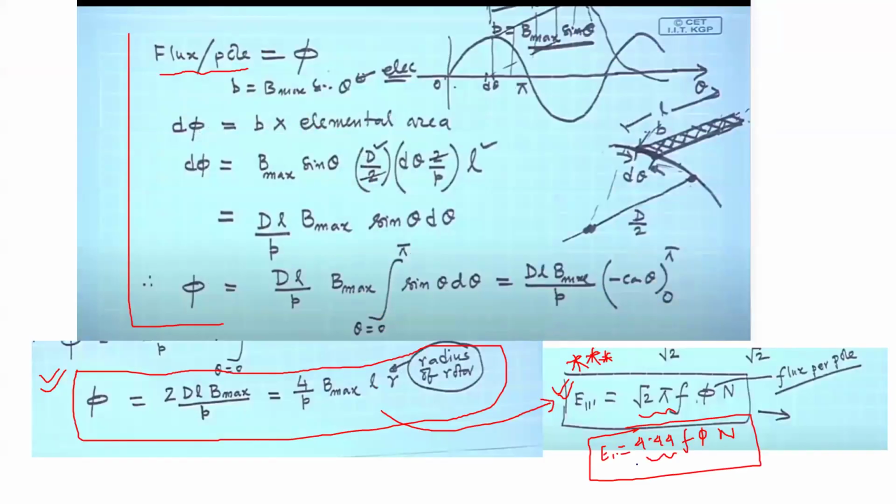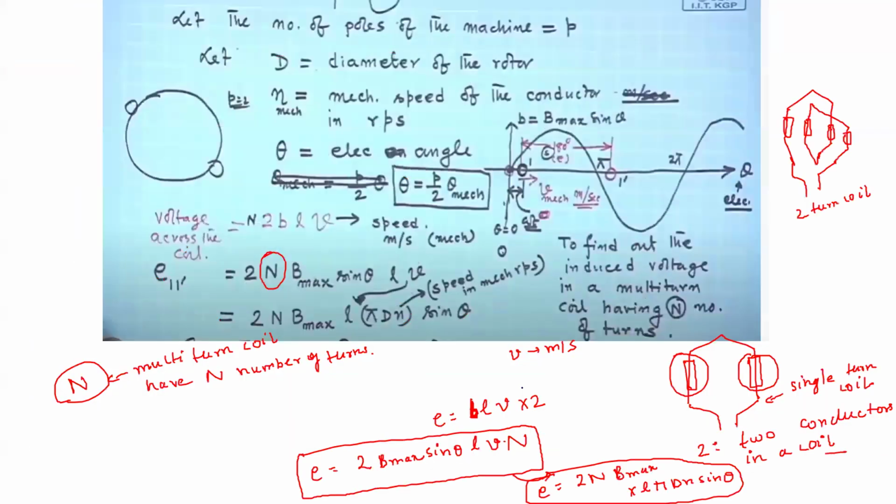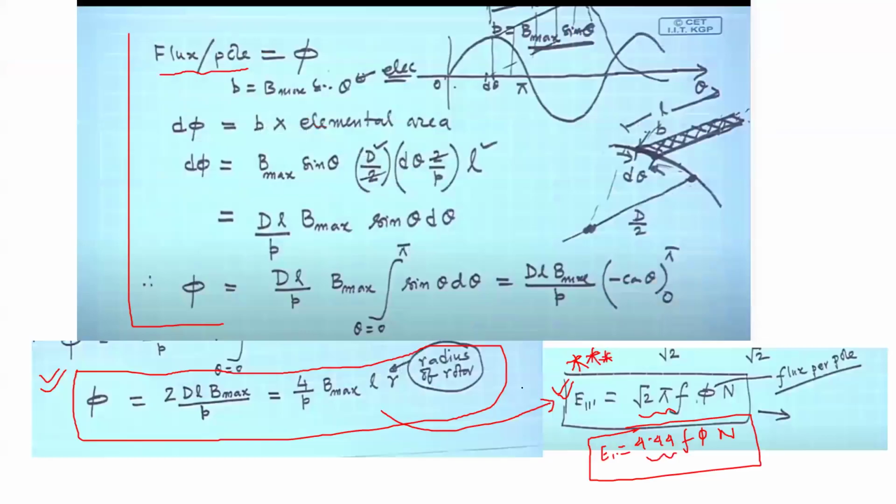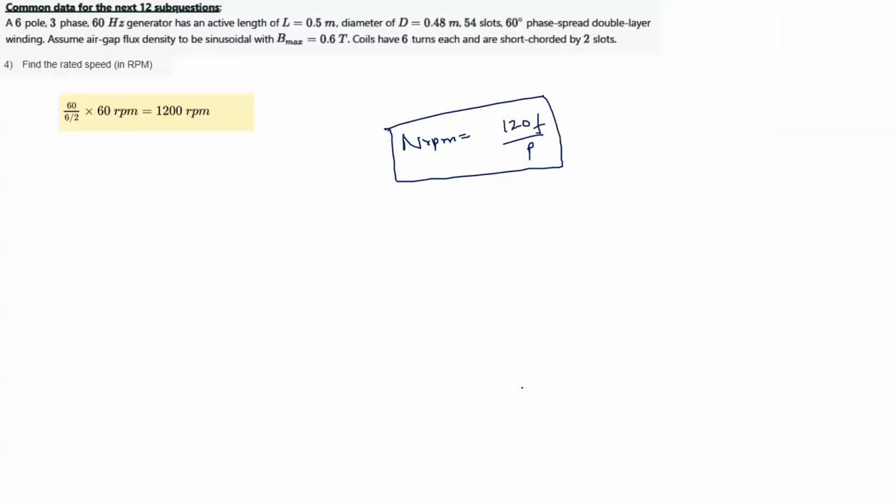After that he has derived the relation between the frequency and rps or rpm, so you can see that. From there you will get this formula. In this formula, you just place the frequency. If you place the frequency as 60 and the number of poles as 6, you will get 1200 rpm. This is very simple.